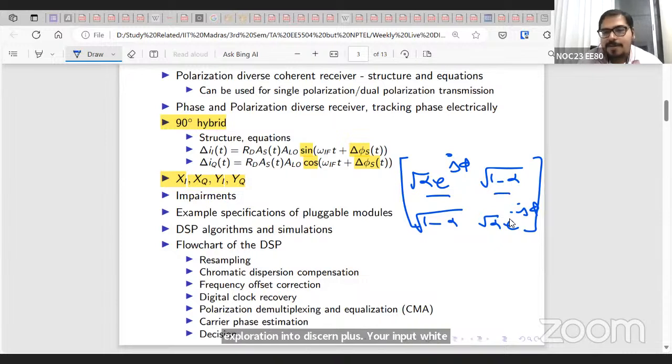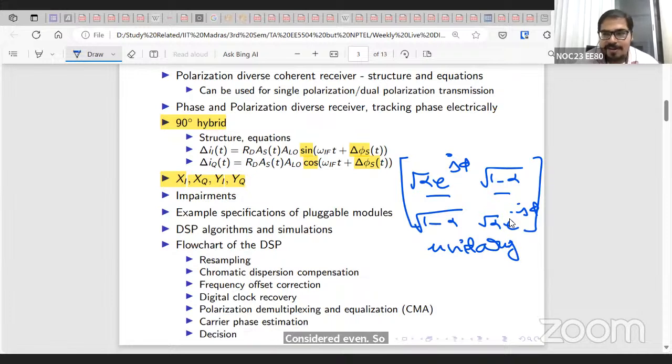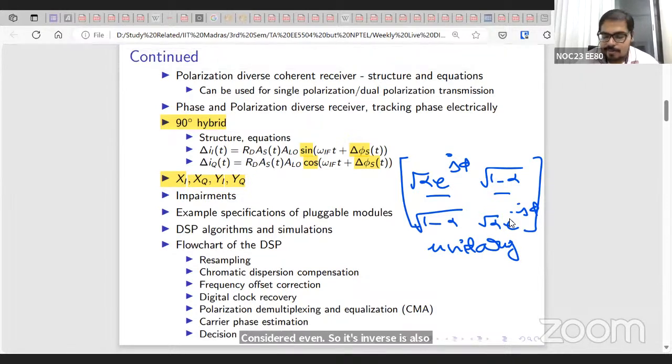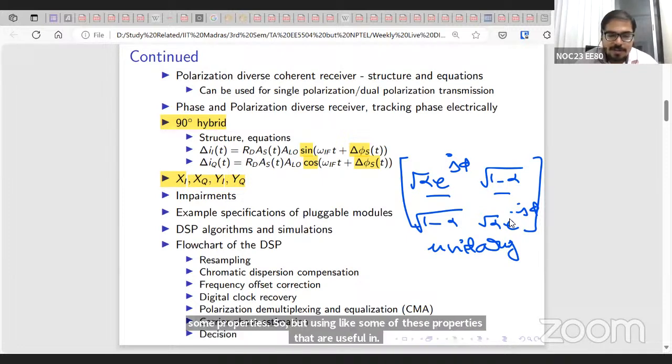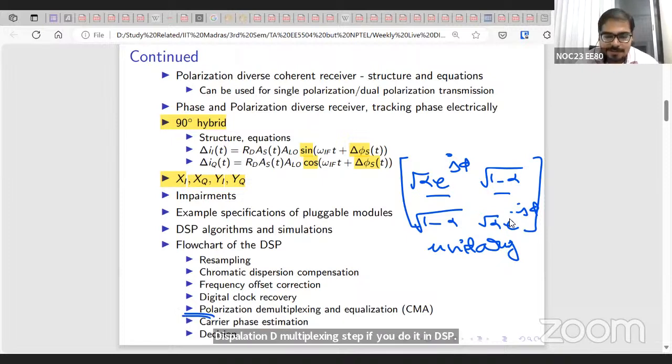This kind of mixing will happen. There are some properties of this matrix, you don't need to worry about it, but basically we assume that the powers are conserved, and this matrix is considered unitary, so its inverse is also unitary. Some of these properties are useful in this polarization demultiplexing step. If you do it in DSP, I mean you have to do it in DSP.